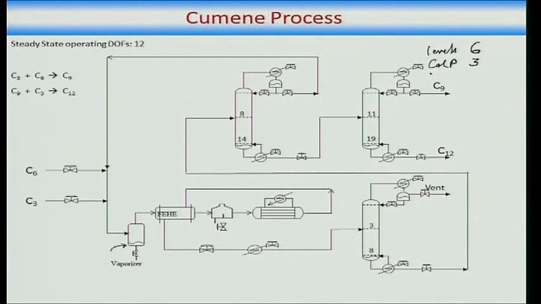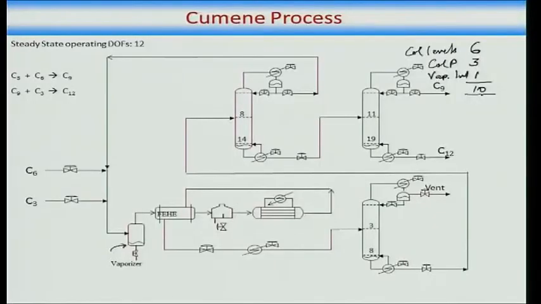So, column levels 6, column pressure 3, vaporizer level 1, that takes away 10 valves, 10 things that can drift, but really their drift does not affect my steady state. Therefore, 10 valves will get used for controlling these things which have little or no economic significance.